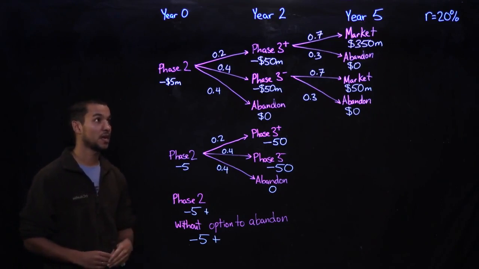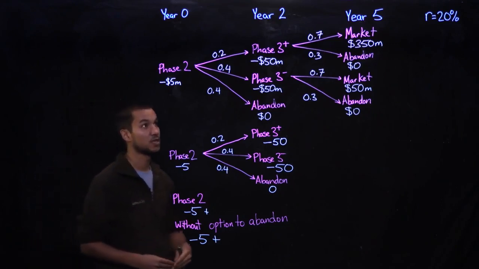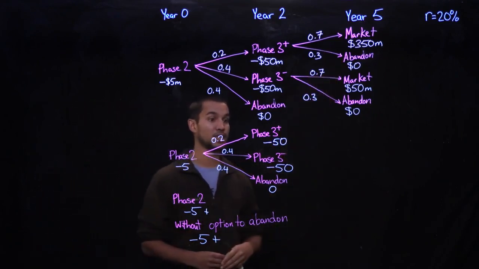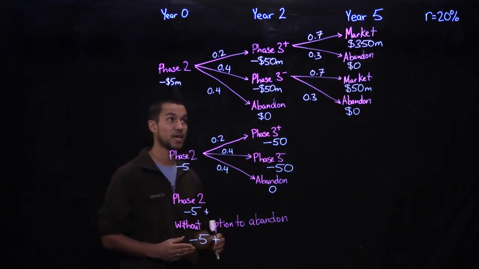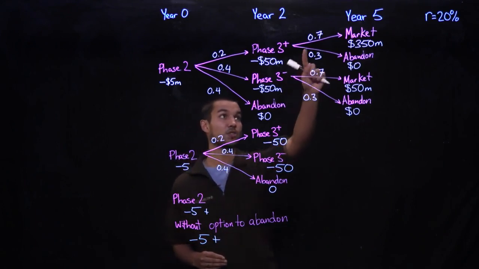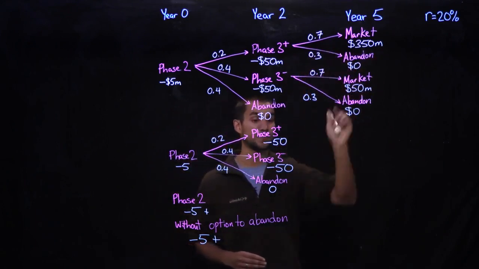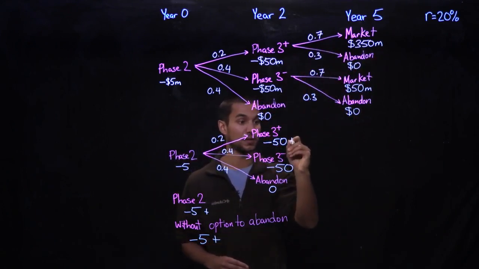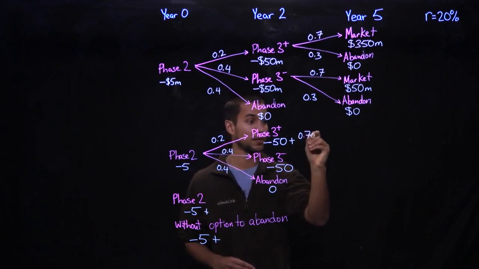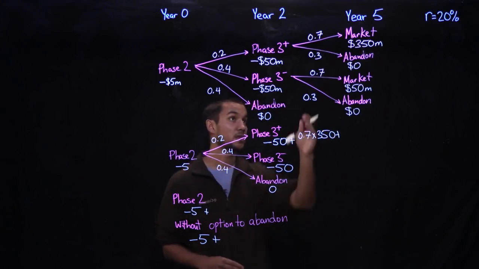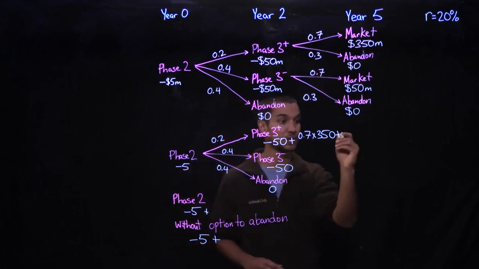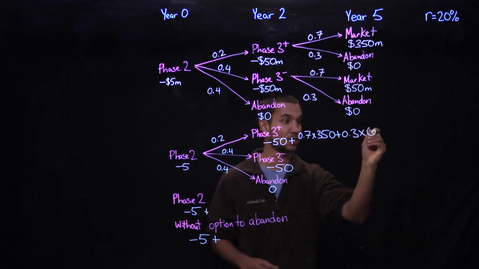And so let's start by calculating the expected cash flows in year 5 for the upside scenario. In this case, the expected cash flow is going to be equal to 0.7 times 350, plus, it's going to have a 30% chance of failure, so 0.3 times 0.